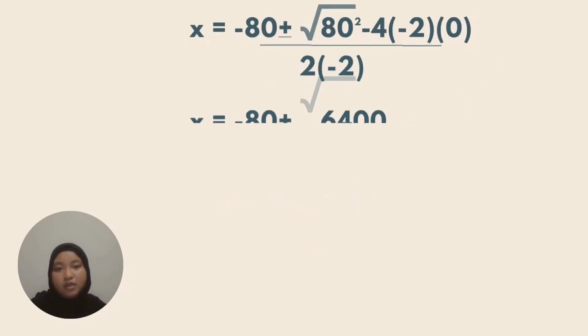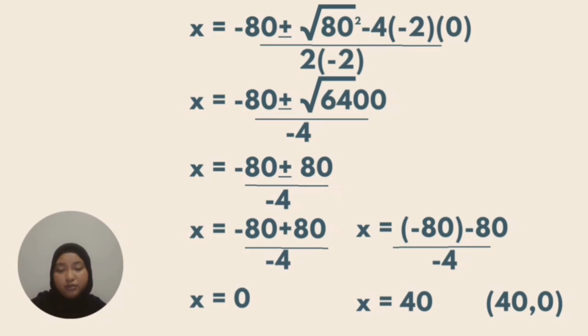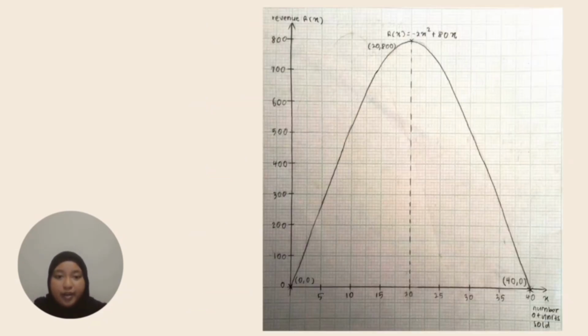So we substitute the revenue function a, b, and c into the quadratic formula, and we have x equals 0 and x equals 40. So here is the graph that I plotted, we have x and y here, and the vertex point, which is 20 and 800.